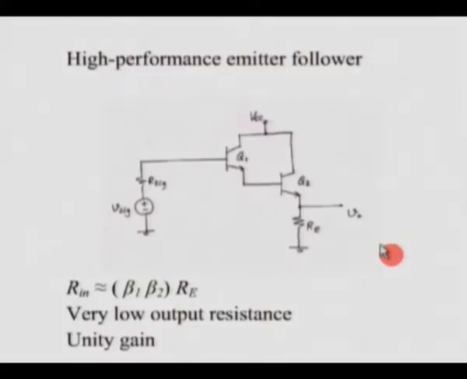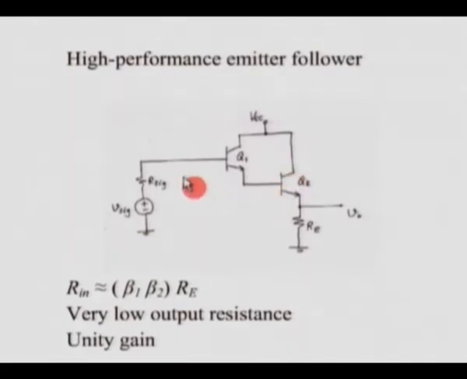Now, if in place of the single stage we use a multi-stage, that is a compound device, we get a high performance emitter follower as shown here. In this emitter follower, instead of connecting a single BJT, we have used that compound device, which is a Darlington configuration.